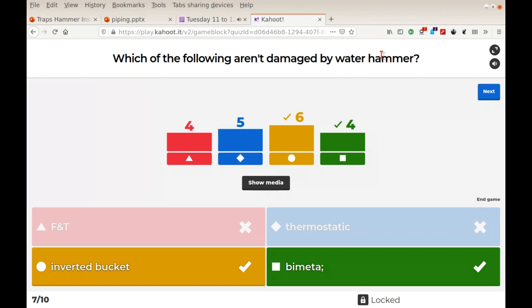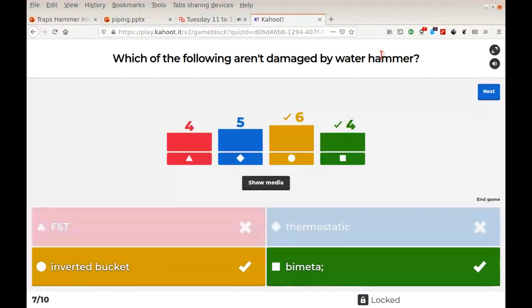That definitely is susceptible to water hammer, because the hammer will collapse the bellows. But another type of thermostatic is the bimetal, and that shouldn't say bimeta, I should say bimetal. That's a typo. Bimetal is a thermostatic trap, but it has a bunch of elements that are responsive to the temperature of the steam, and that particular one is not susceptible.